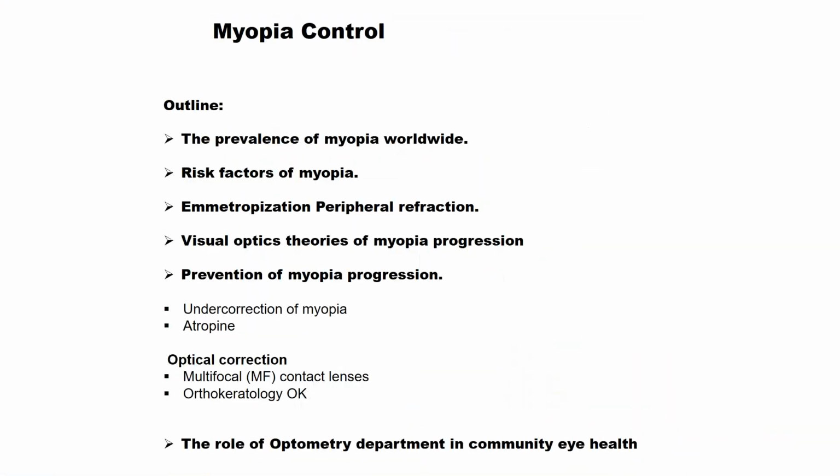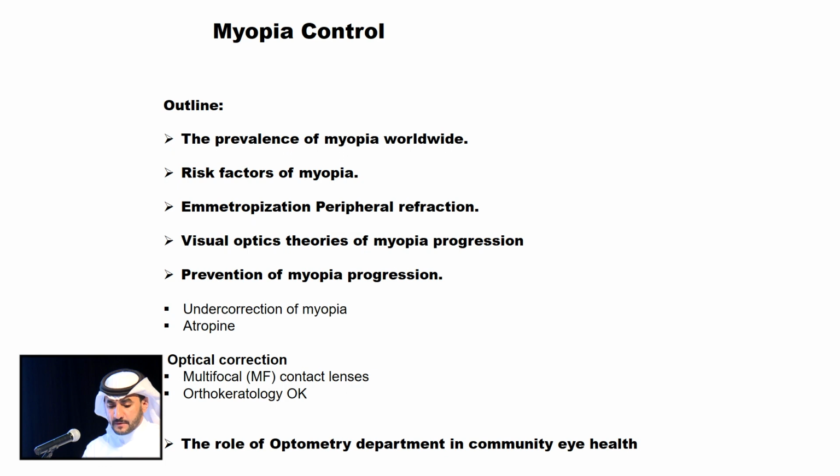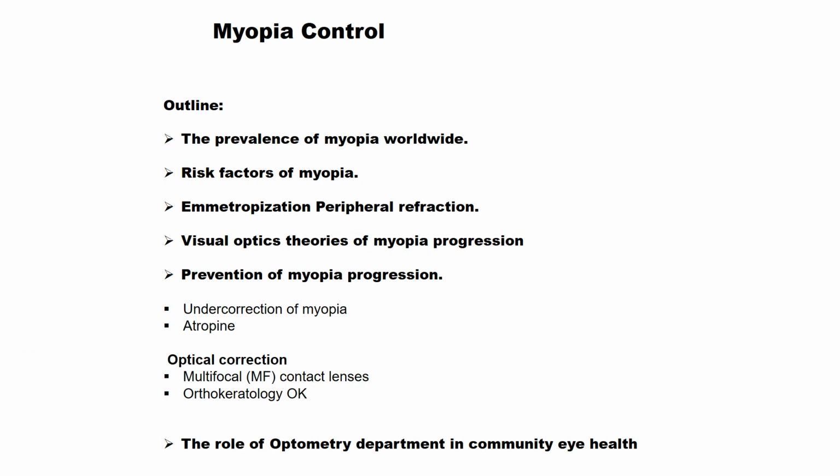Welcome to everyone. Today our talk is about myopia control. First, let me outline the main points that I'm going to cover. We'll talk about the prevalence of myopia globally, then the risk factors of myopia. Then we'll discuss emmetropization and the development of the visual system, then evaluate the visual optics theory on myopia progression.